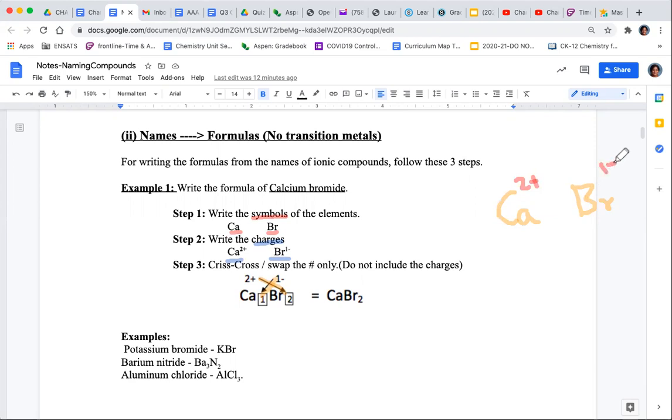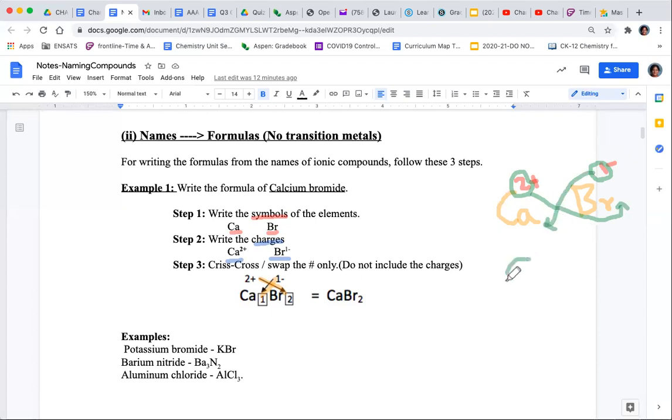Now crisscross or swap the numbers only. First let me circle the numbers. Then crisscross. Bring the 2 here and bring the 1 here.